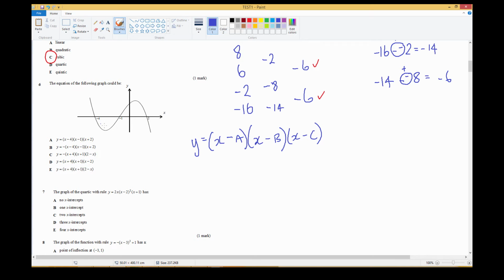So you can see here that the first one is a. Right, a is going to be minus 4, so we put that in. A is going to be equal to minus 4, and b is at minus 1, and c is at 2.